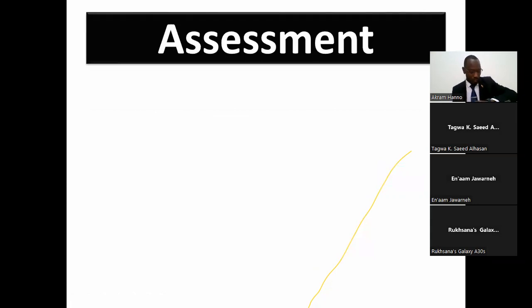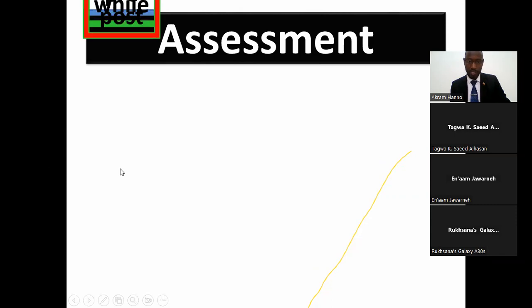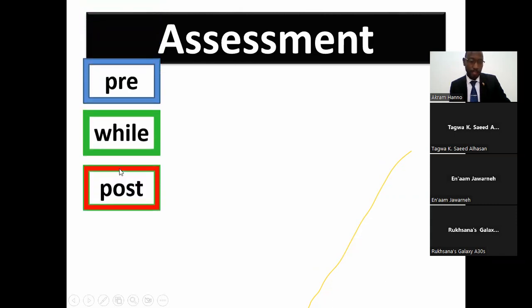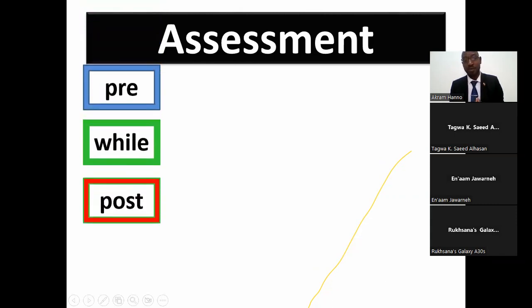The last thing I will be tackling is assessment. So a pre-assessment, a while or during assessment, and a post or after assessment.